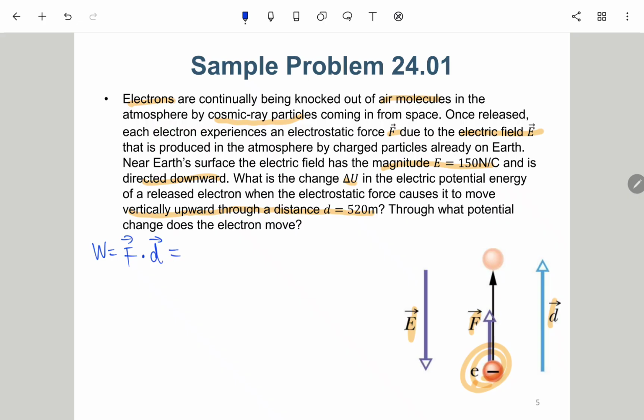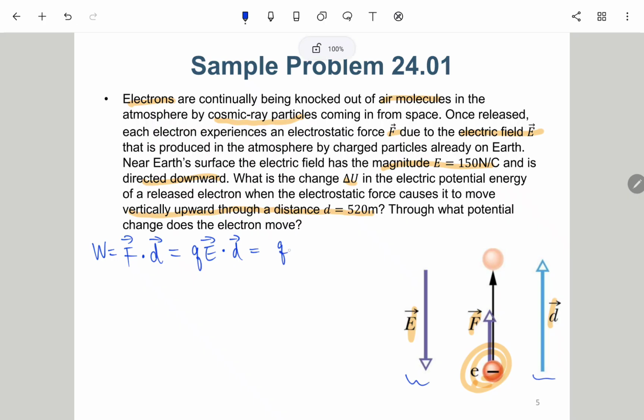F here, for a charge, is the electrostatic force, which is Q times E, dot d. Q is negative, we still keep it here.